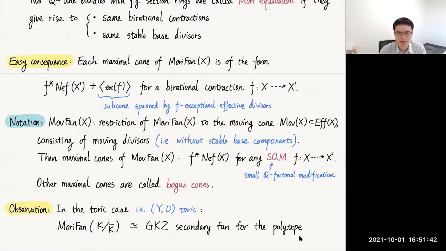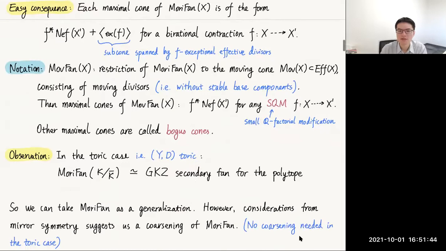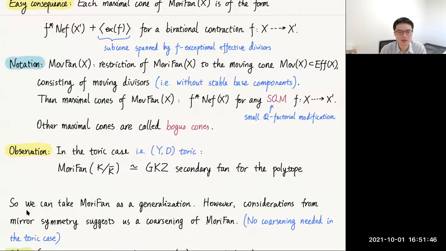So somehow here we can say that we already obtain a generalization of the secondary fan, because we can just take this Mori fan as a generalization.